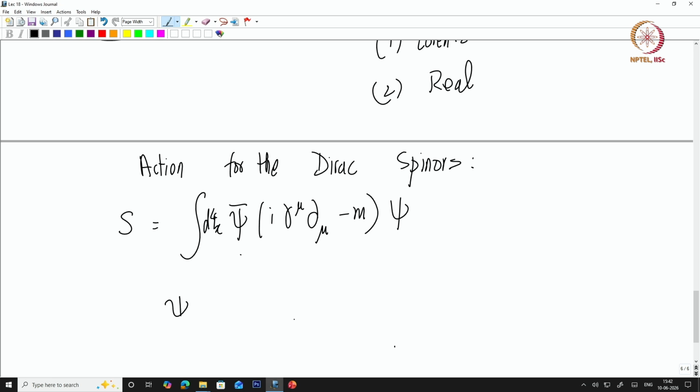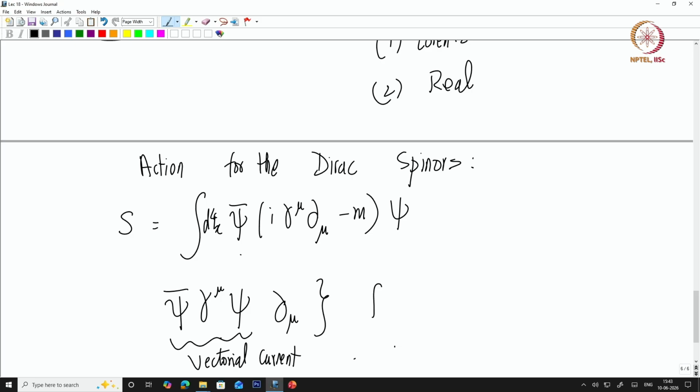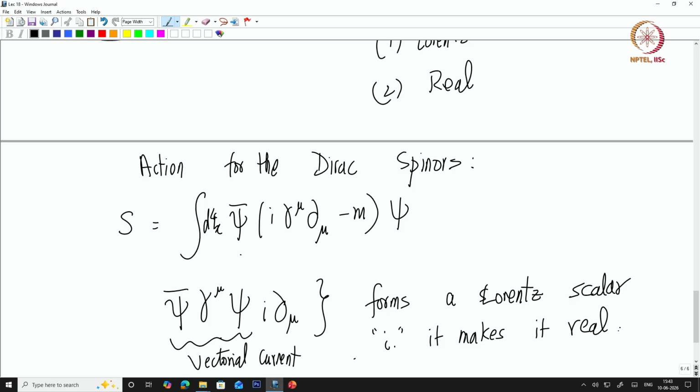I have taken the bilinear covariant, the vectorial current, and combined it with a del mu. This forms a Lorentz scalar, and I put an i in front because it makes it real.